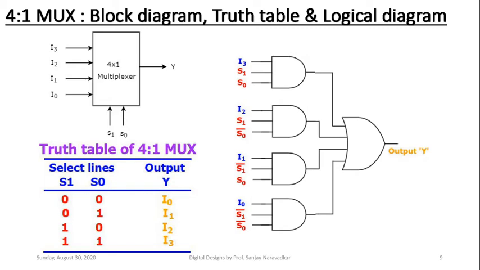Out of that, 3 will be select lines and 1 will be the actual input line. Whereas on the output side there is one OR gate, which in the case of the 8 to 1 multiplexer will have 8 inputs and a single output. The output will of course be output Y. So this is the design of the 8 to 1 multiplexer which I have just explained. Students are instructed to design such an 8 to 1 multiplexer on their own.